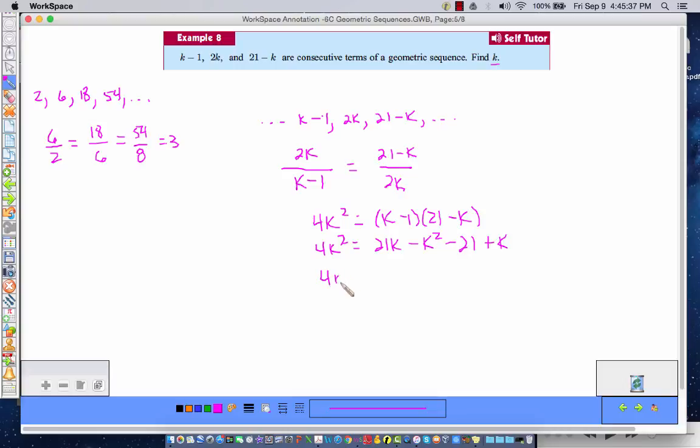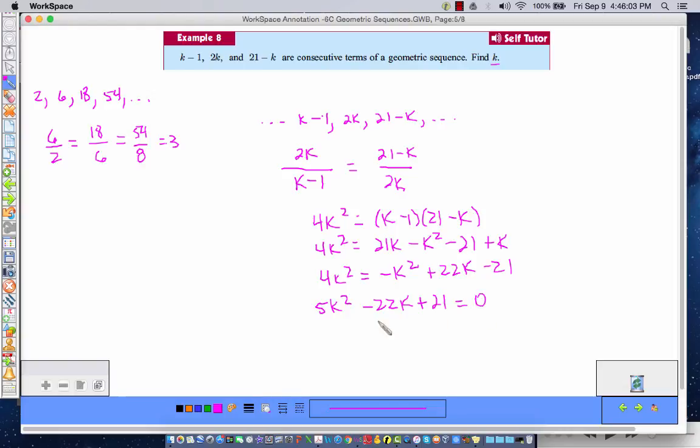We get 4k squared is equal to negative k squared plus 22k minus 21. Move everything over to the left side, and what are we going to get? 5k squared minus 22k plus 21 is equal to 0.